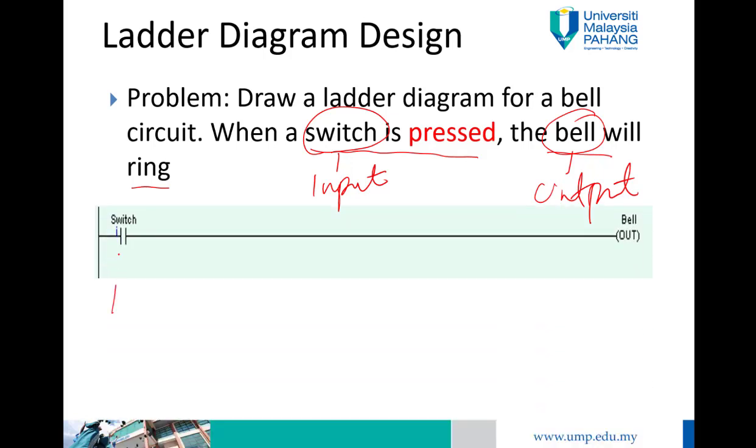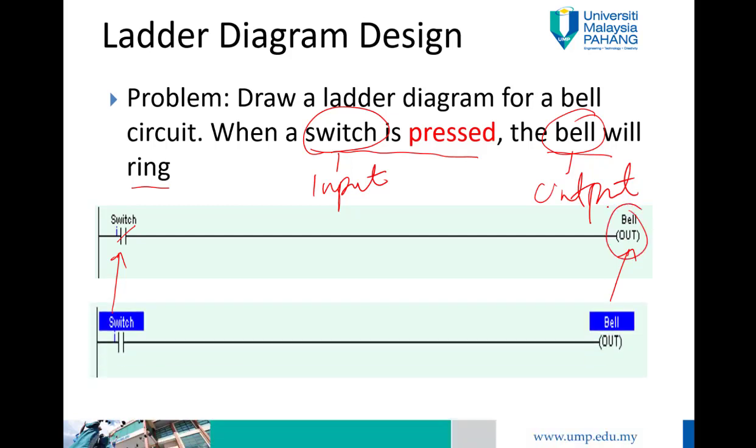We have the input switch and the output bell. If we connect this switch, we will have the output. Right now we turn on the switch, so the bell will deliver the output, or the bell will ring.